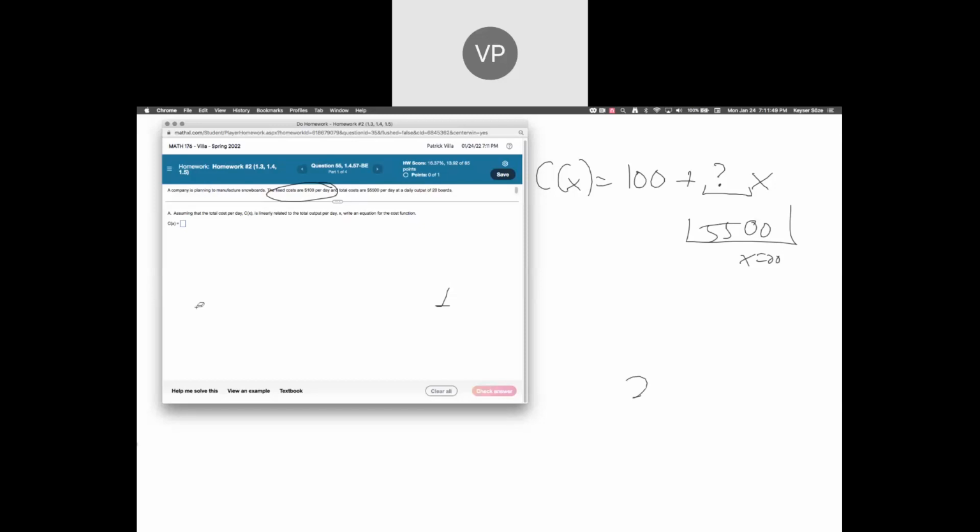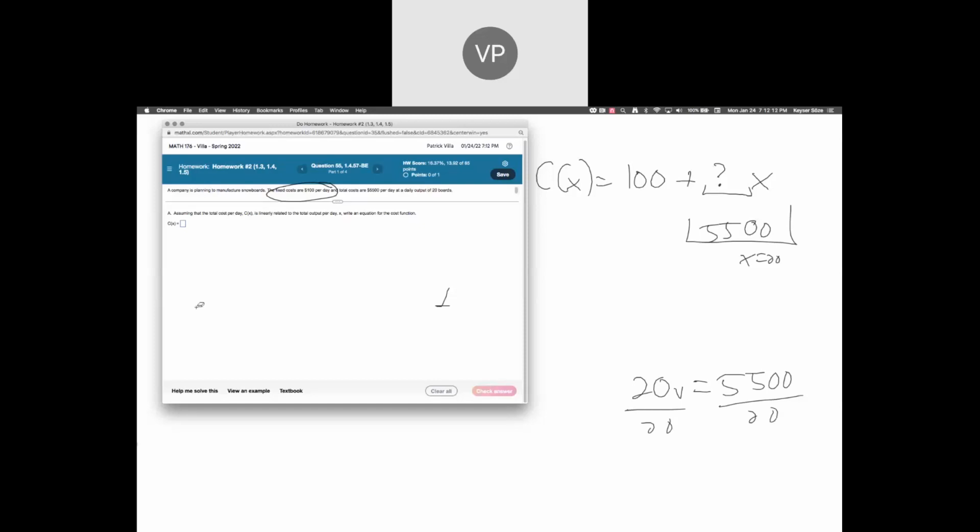We just know that if you take 20 and you multiply by whatever this variable cost is, sorry, let me change that to a new variable. I'm going to call it V here. Whatever that variable cost is, I know when we multiply it by 20, we're going to get 5,500. So we just divide by this.